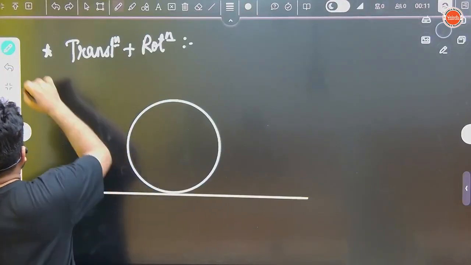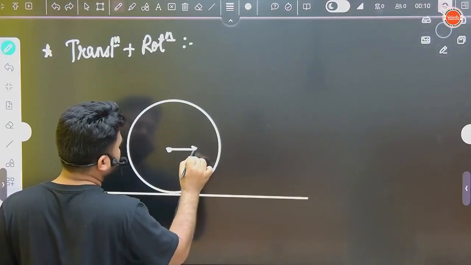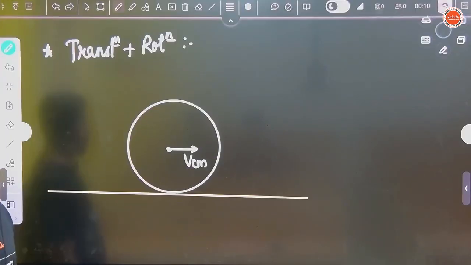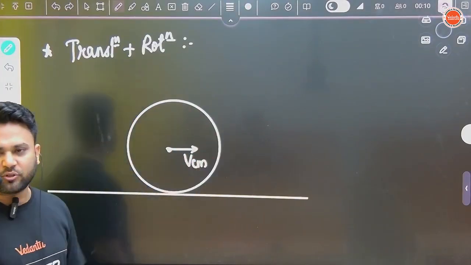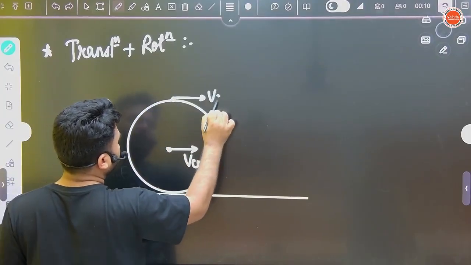Suppose the disk is moving forward with some speed vcm. This is the velocity of center of mass. Since it is performing translation motion, all the points will move with the same velocity. This will also be vcm.